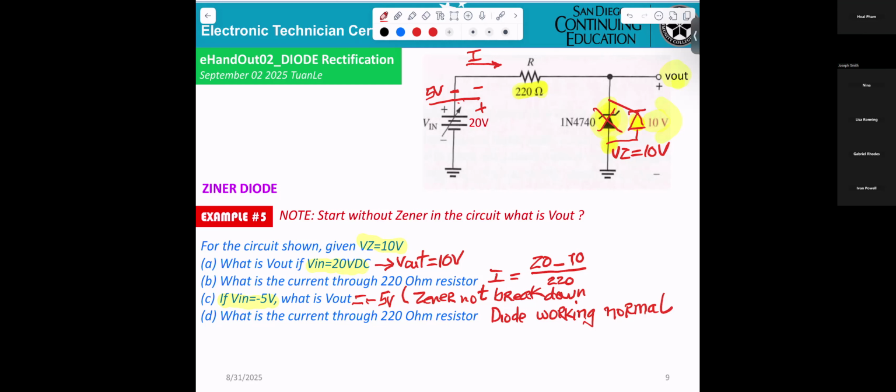Okay. So normal, that means you get the anode at 0 volts and the cathode at -5. Then is the diode on or off? It's on.